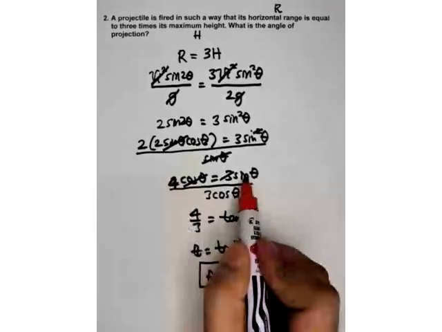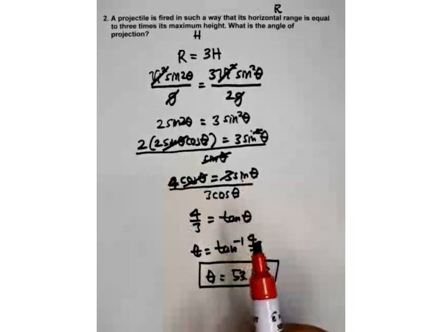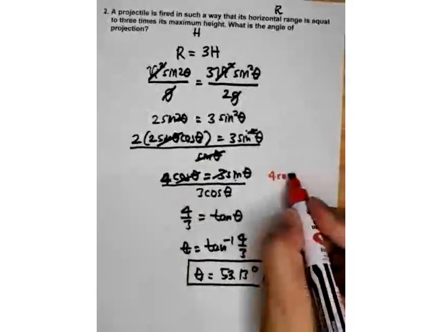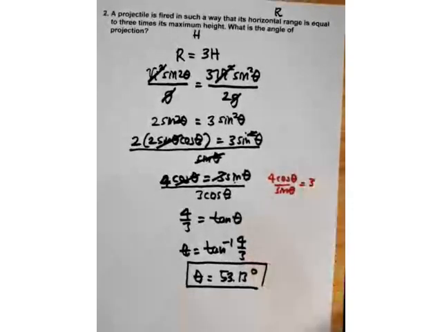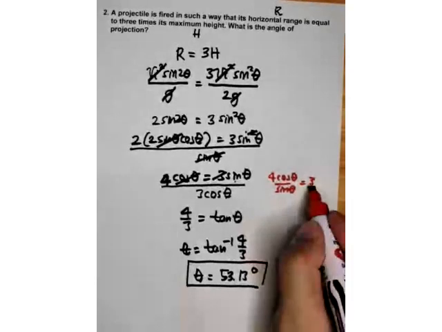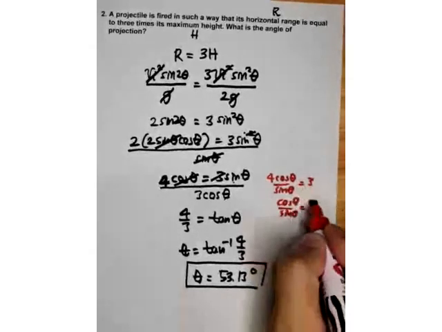So parang magiging 4 cosine theta over sine theta is equal to 3, or cosine theta over sine theta is equal to 3 over 4.